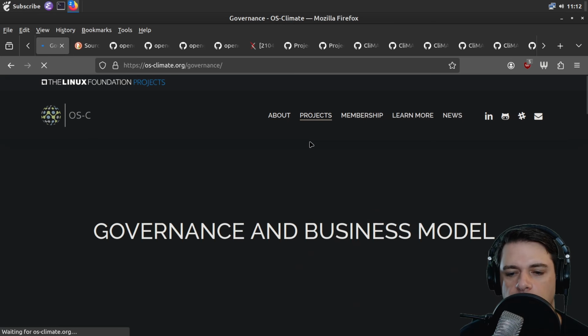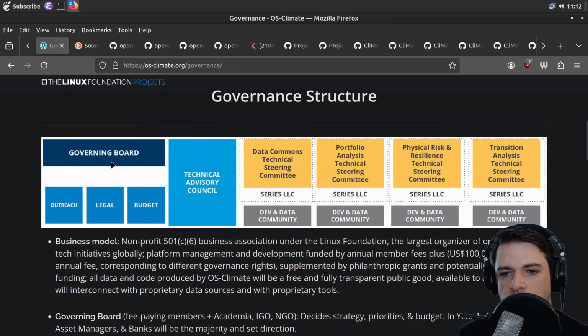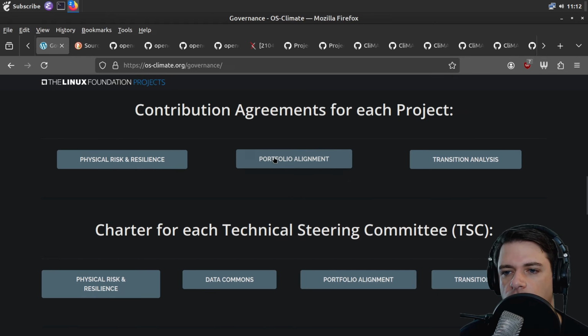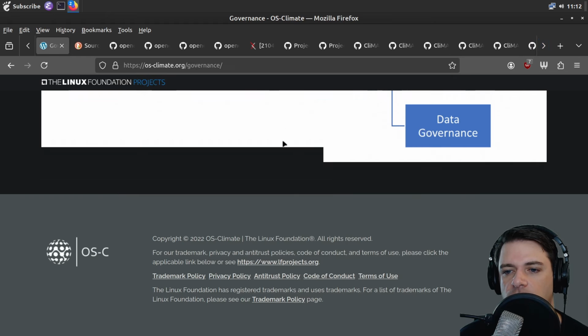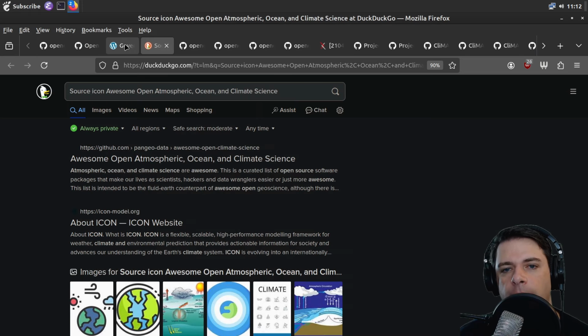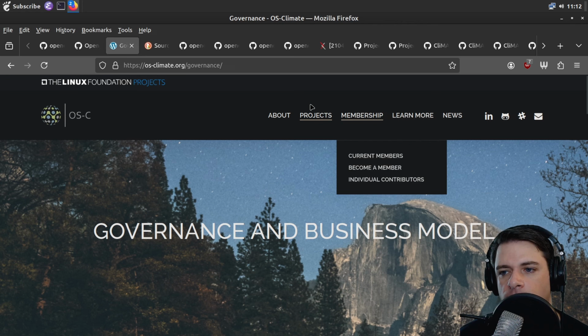Should we look at governance? There's some governing board, outreach, legal, and budget. Okay. Portfolio alignment. So all of this is mildly interesting. I'm going to share this with some folks that are in this space. But I don't know if there's much code.